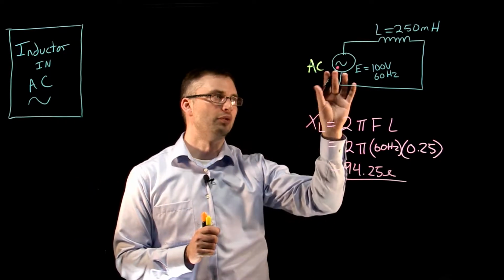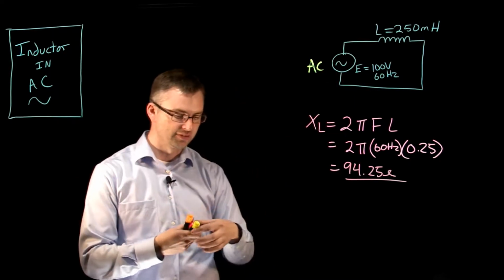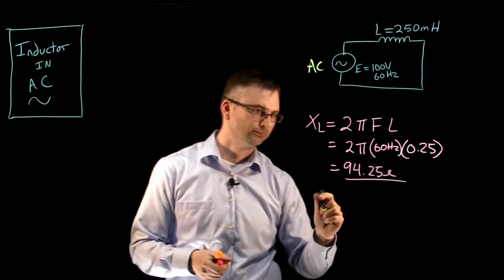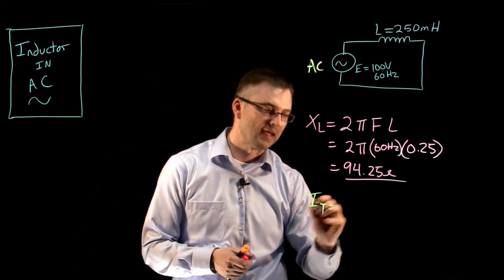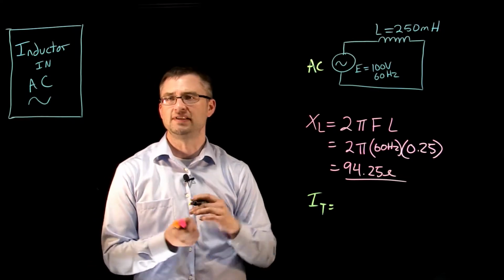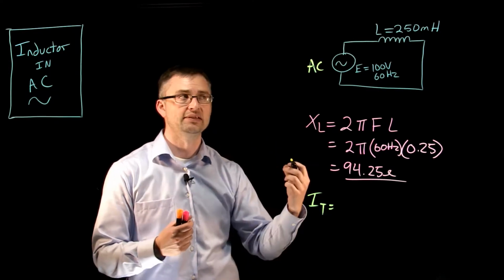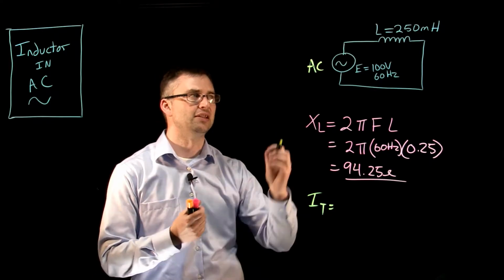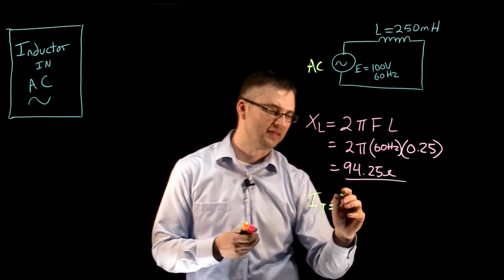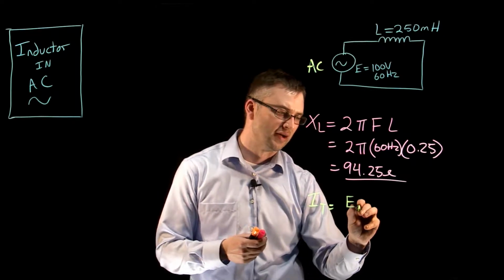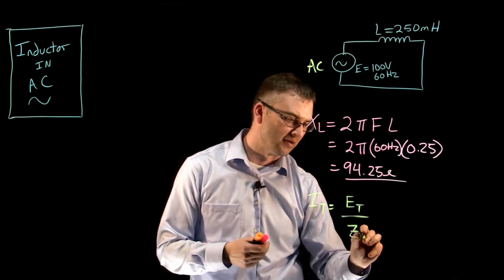All right, so what we want to figure out now is how much current is going to flow in that circuit. And it's very similar to DC. We can, in this circuit, use our impedance, and the entire impedance in this circuit is just due to XL. So we could say the I total is equal to our E total divided by our impedance total.